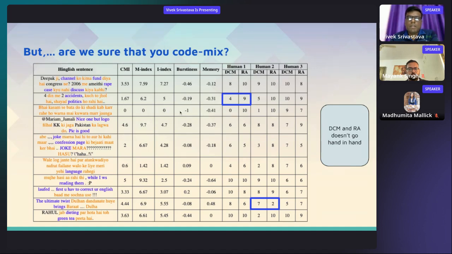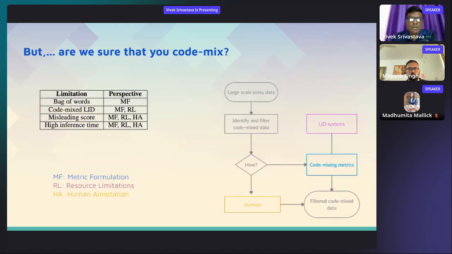Also, in the next iterations of what people have worked on, they have not considered these kinds of behaviors, like whether we should consider readability while assigning a score to a particular sentence. So this is still an open area of exploration that people can take up.